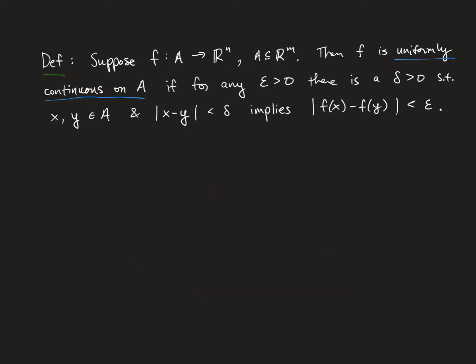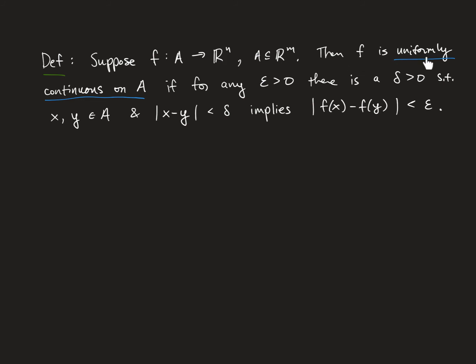Okay, so here's our definition that describes this stronger form of continuity for which the bad behavior of those f and g examples above does not occur. So we have some function defined on a domain A in Rm, taking values in Rn.